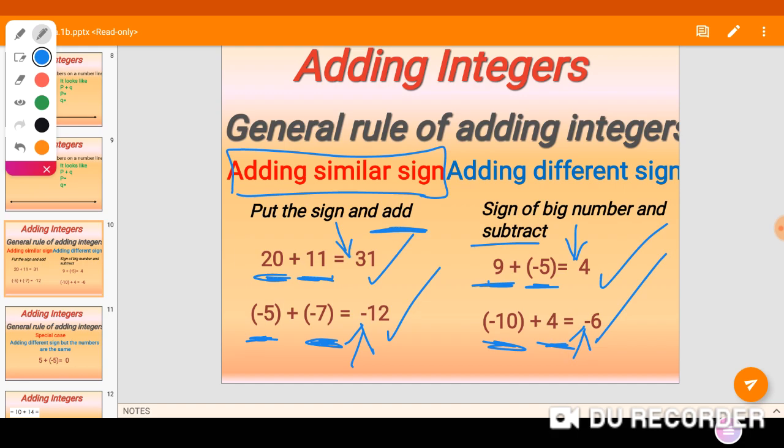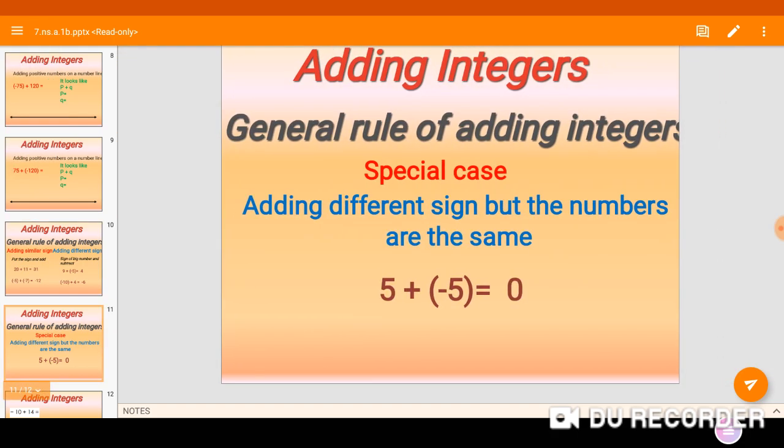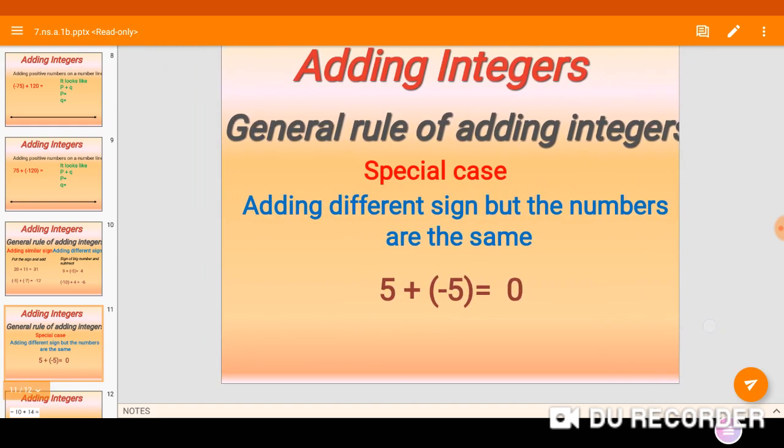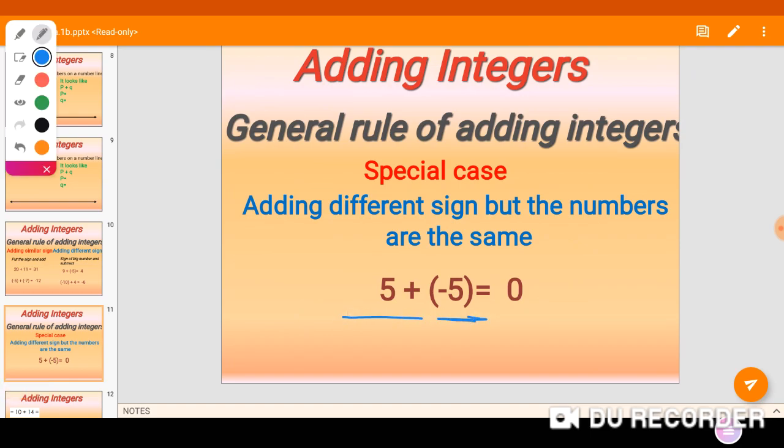I have a very important note, a special case. If the two numbers have the same value, like positive 5 and negative 5, they have different signs, but they are similar in value.